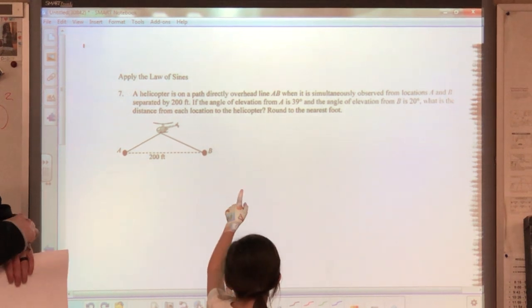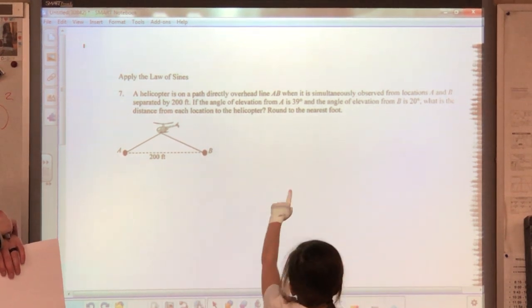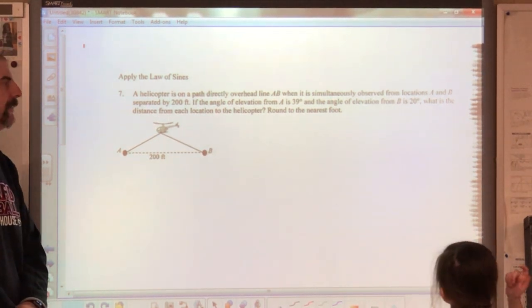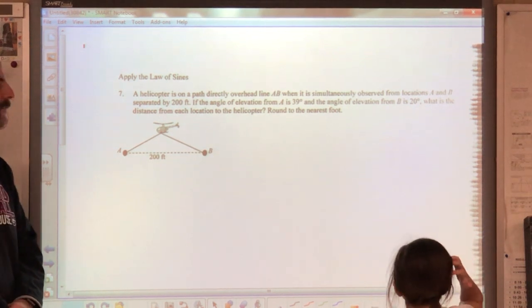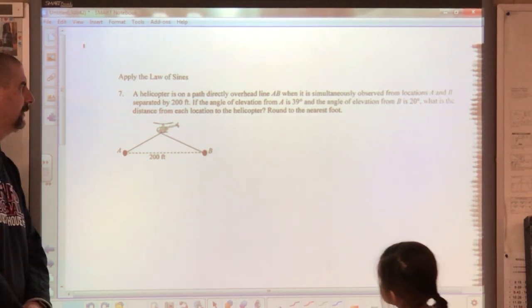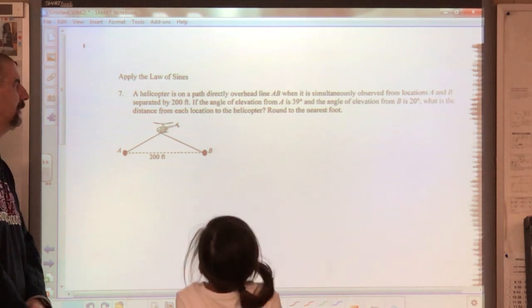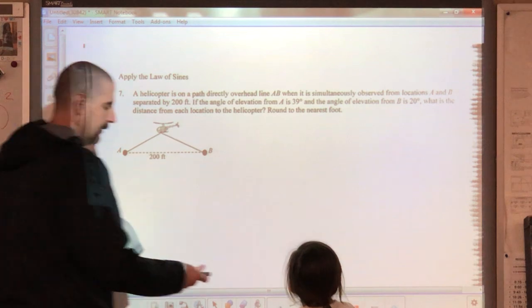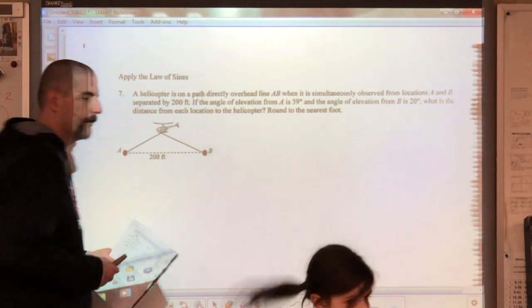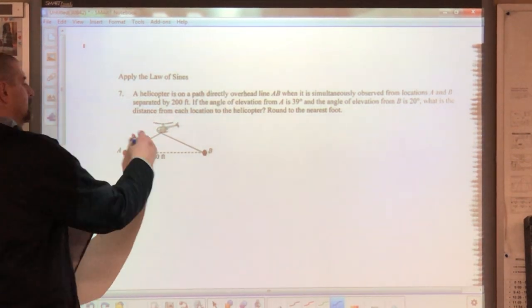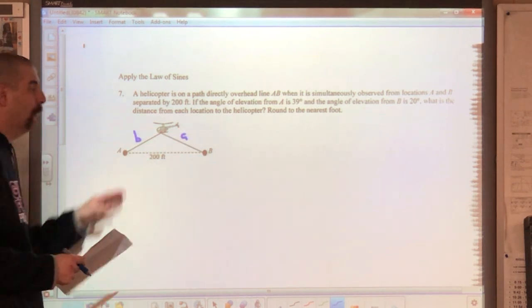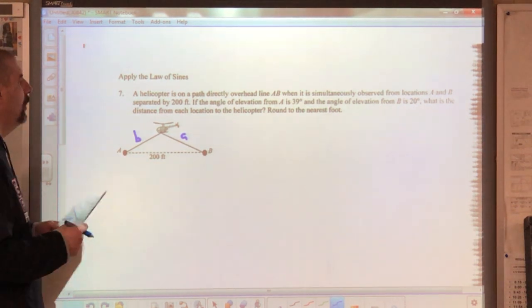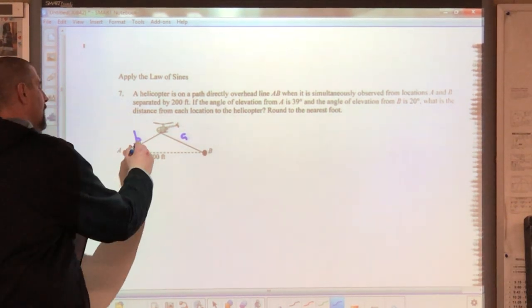If the angle of elevation from A is 39 degrees and the angle of elevation from B is 20 degrees, what is the distance from each location to the helicopter? All right, so we're going to get started on this. We're looking for sides A and B, so it's like solving the triangle. So angle of elevation from A is 39.